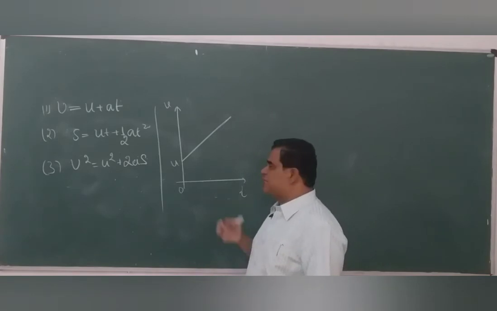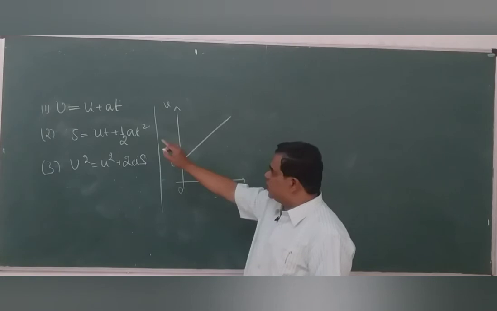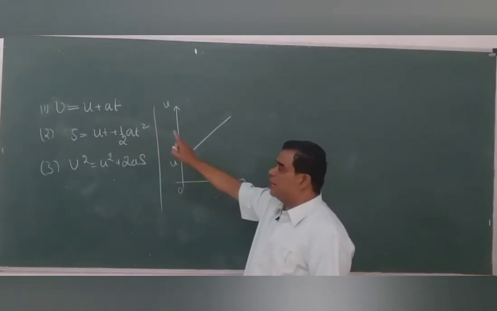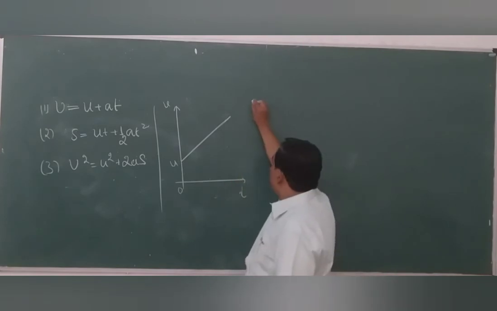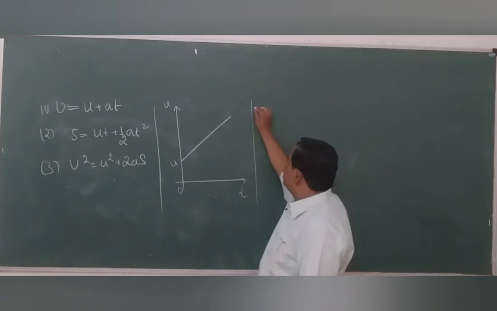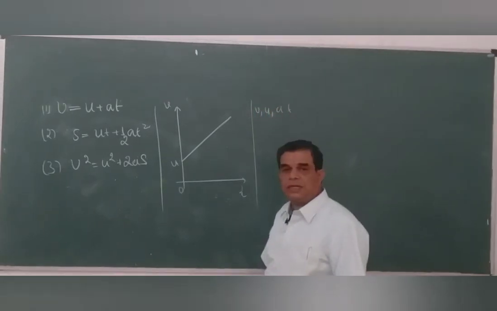Say, what is the initiation for that? Very simple. Look at the equation. What are the terms there? V, U, A and T. Say, how to get the idea of deriving this? Only 4 things are there.